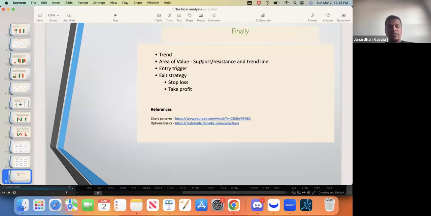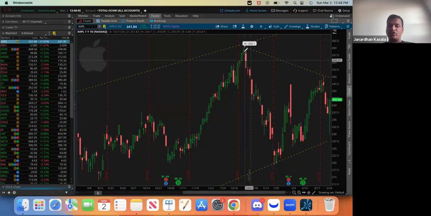As I was telling, trading a chart is all about finding the trend, finding support and resistance, and deciding where to enter, where to exit, when to take a stop loss, and when to take profit. You identified this as a bearish sign. You are in a bull trend. You identified this as a reversal. You took a short here at 257.